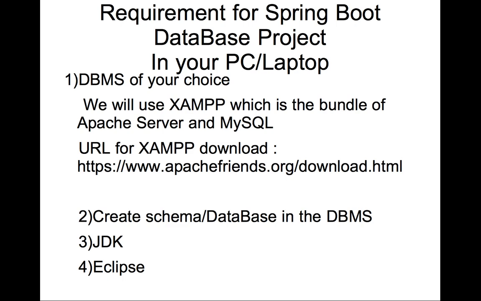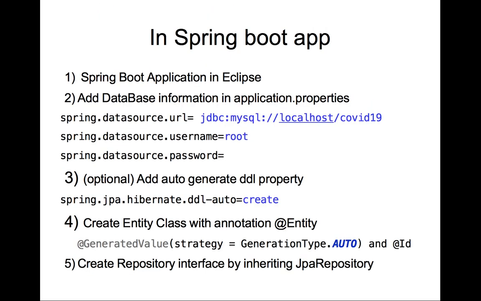And we are going to get this in the URL which has been mentioned over here. Then number 2, we have to create a database in the DBMS. 3, JDK. 4, Eclipse. Then already we have created the Spring Boot application, so no need to mention. You need to have the Eclipse and the Spring Boot application.